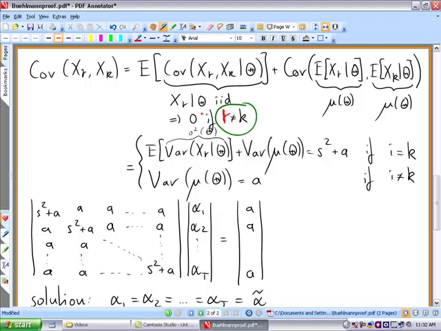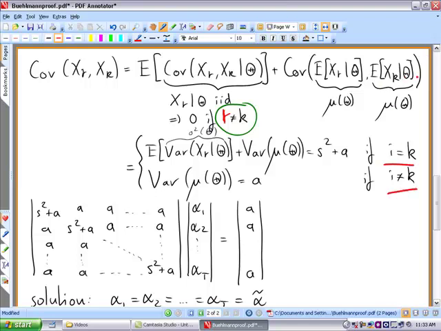Just keep that in mind for the moment. And then you have the covariance of the conditional means. The conditional mean of xt and xk is the same, it's mu of theta. So the covariance of a random variable with itself is the variance. So we have the variance of mu of theta, which leads us to two cases.